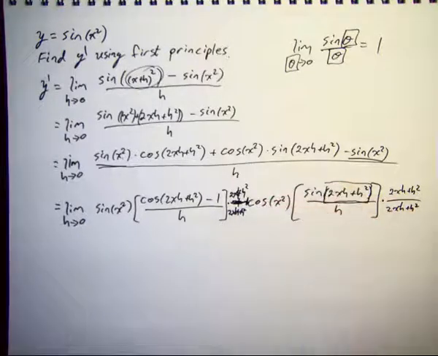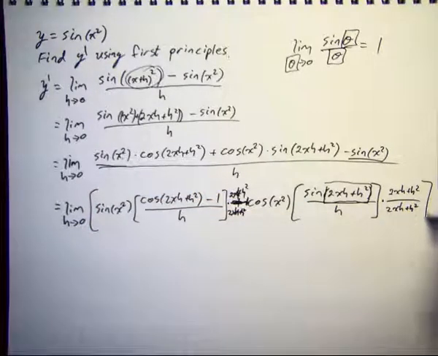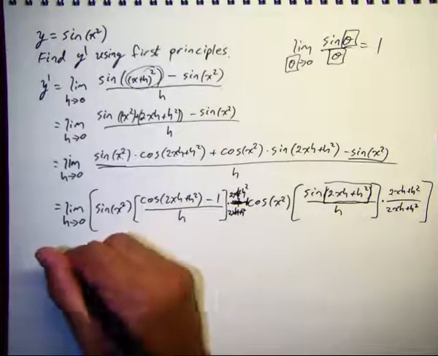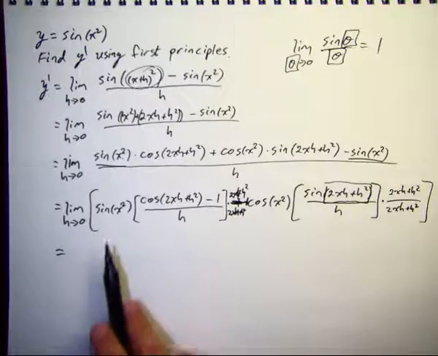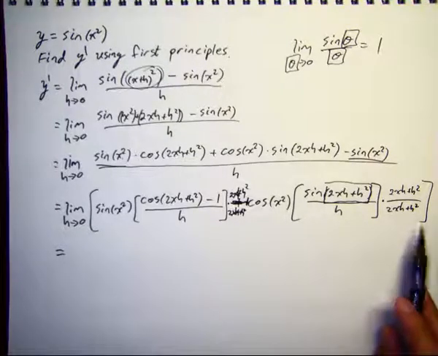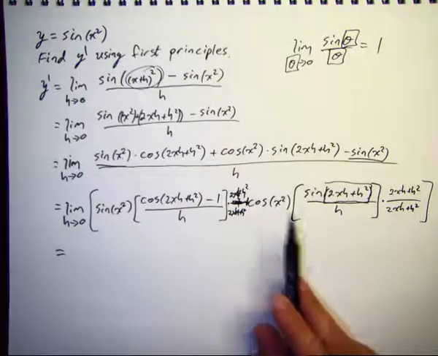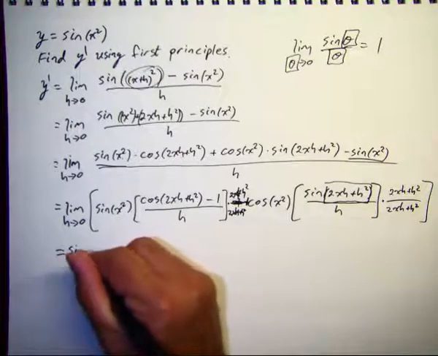Absolutely awful, but it kind of works. And so this whole thing goes in a big set of brackets. And we have, first, we can break this up into one limit plus another limit. In each of those limits, sine x squared, cos x squared, these are constants. So we can take them out of the limit.